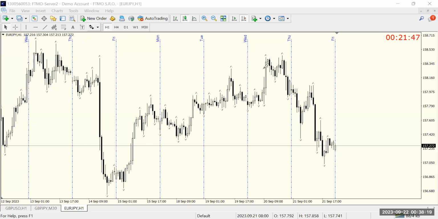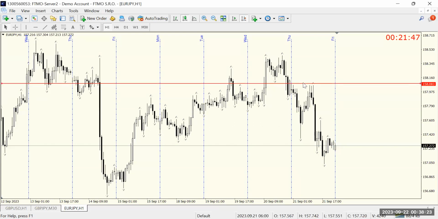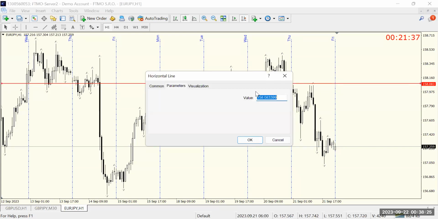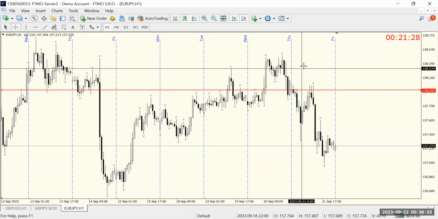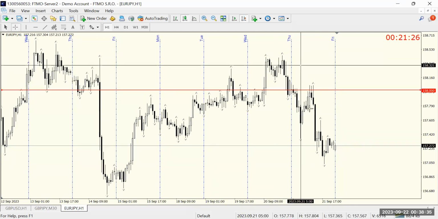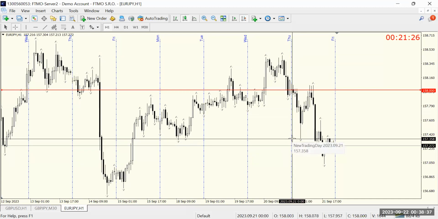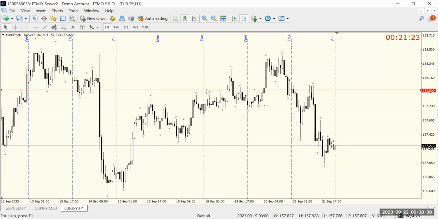Let me start with round numbers, 50s and zeros. Let me throw in this, 158.00. Then let me see. We definitely need to go beyond this swing here because this is a weak low. This is 157.35, or I'll go to 157.